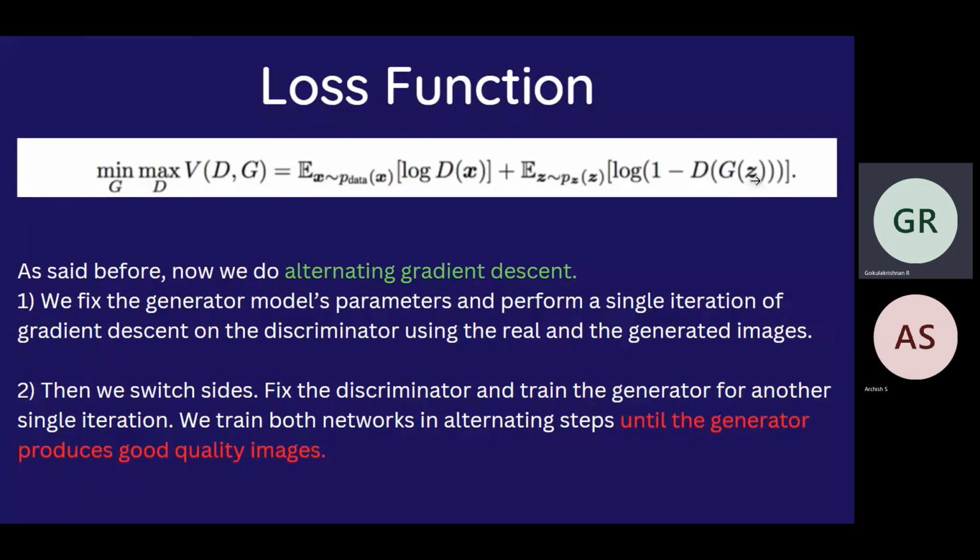So this is the overall loss function for our GAN model. The expression on the right is the exact same as the loss function of the discriminator, but on the left-hand side you can see some changes. Let's look at min G. With respect to the generator, you want to minimize the RHS.